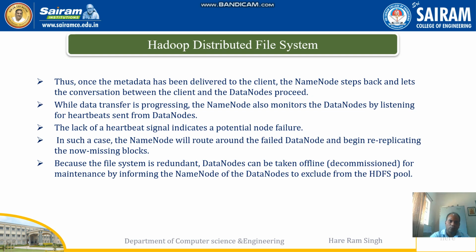While data transfer is progressing, the name node also monitors the data nodes by listening for heartbeats sent from the data nodes. So from time to time, the data node sends a heartbeat message to the name node showing that it is still in progress and working fine.